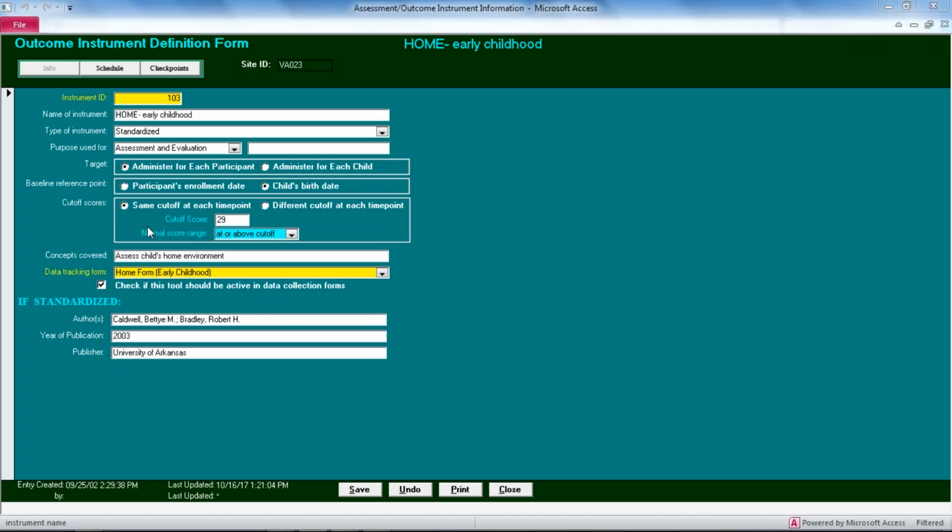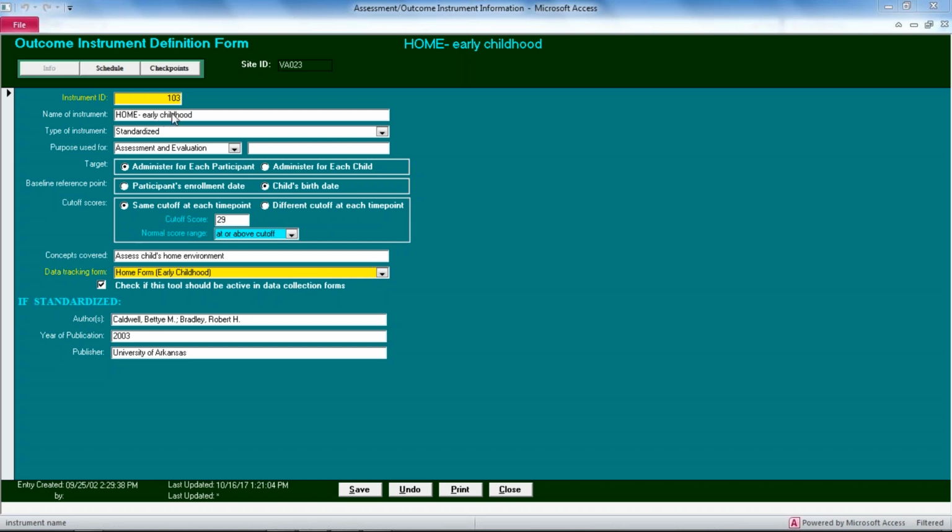Some instruments use different cutoffs at each time point. I'm going to go through the instruments real quickly and show you which use which and how to set them. If you want to write these down, you can then go and edit them in your own system so that your reports will work effectively. I'll also send out a list of these in the next day or two to make sure that you get them.